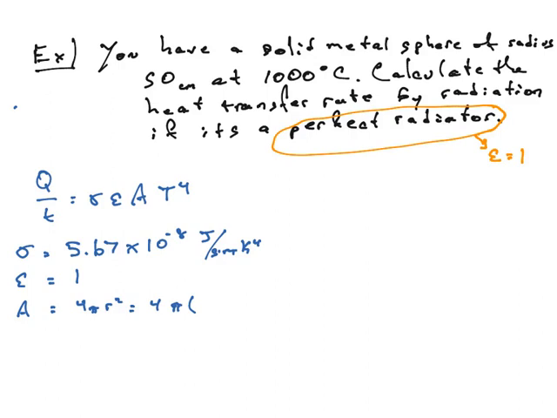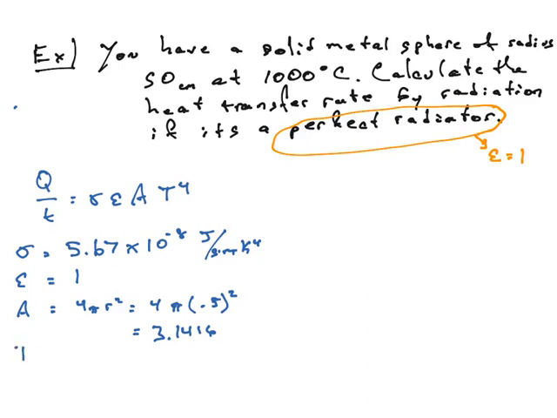I need meters. 50 centimeters is the same as 0.5 meters. So 4 pi times 0.5 squared gives me 3.1416. Gives you pi.